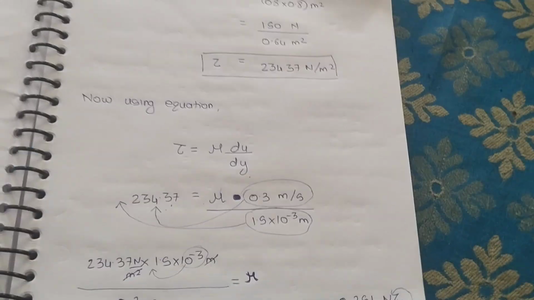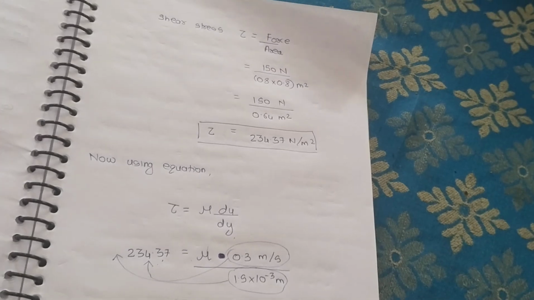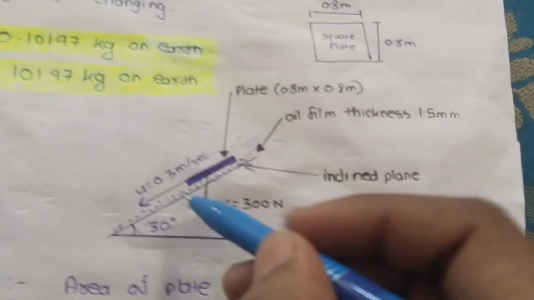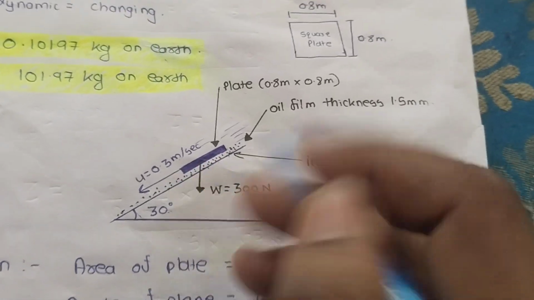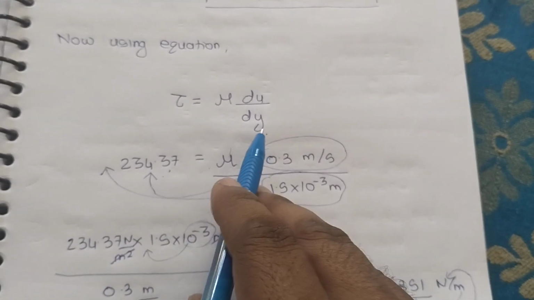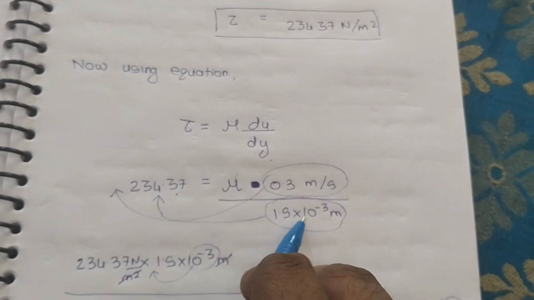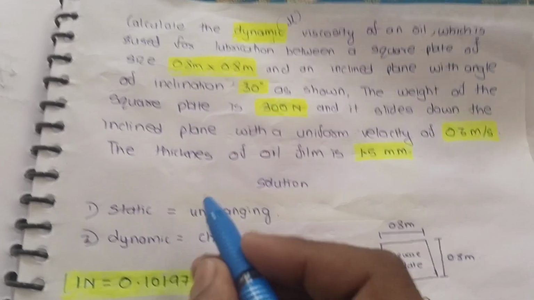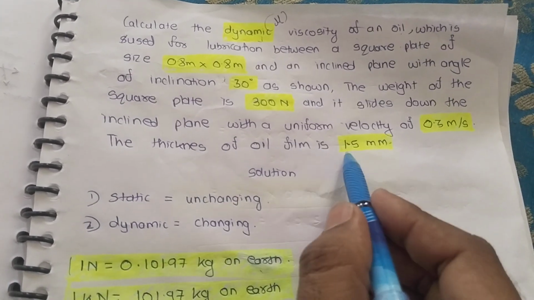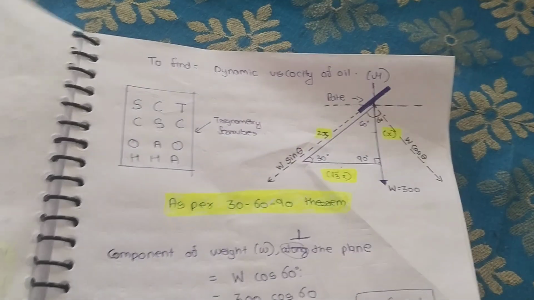The velocity of the plate is 0.3 meter per second, as you can see in this diagram. And dy is the thickness of the oil film, which is given in the question as 1.5 mm, so 1.5 into 10 raised to minus 3 meter.